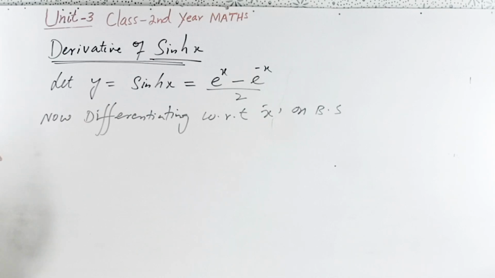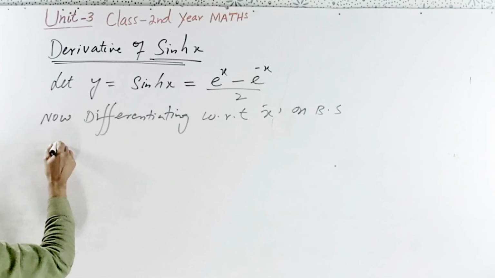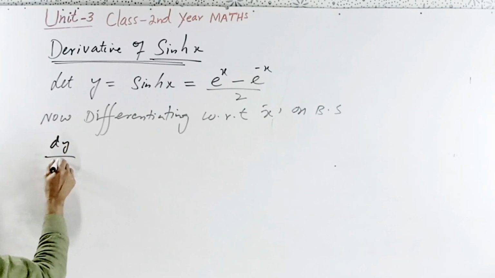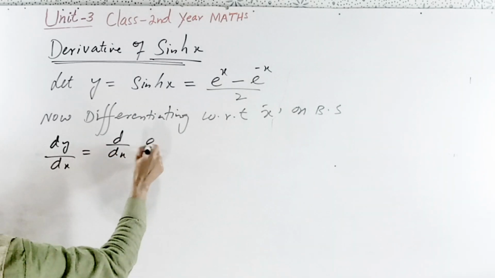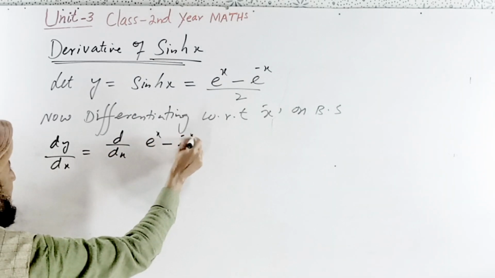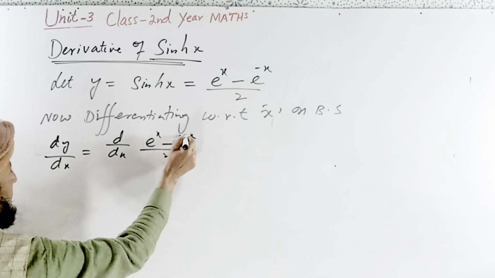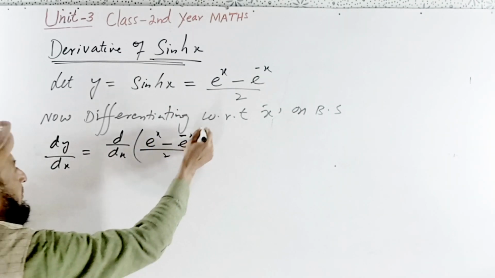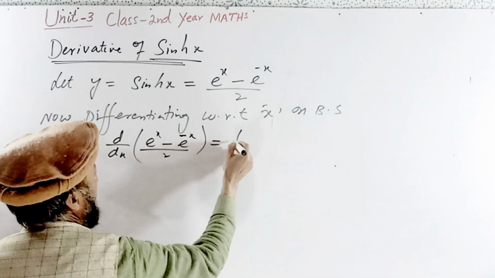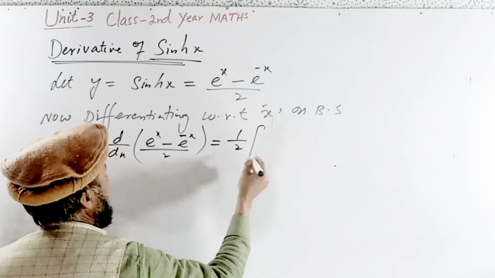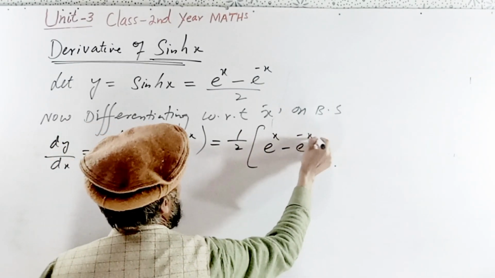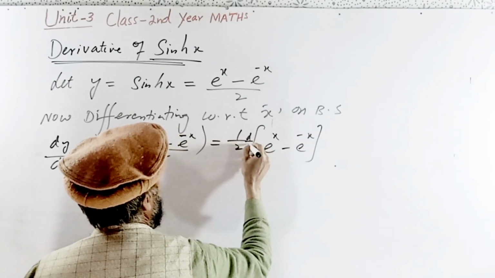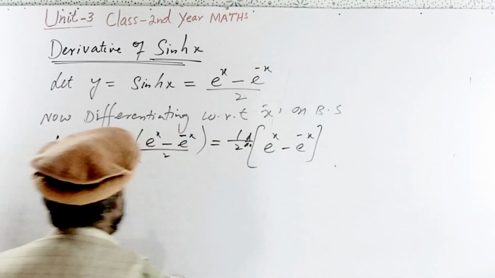So dy by dx is equal to d by dx of e power x minus e power minus x divided by 2. Here 1 over 2 is a constant, so we take it outside of the derivative.